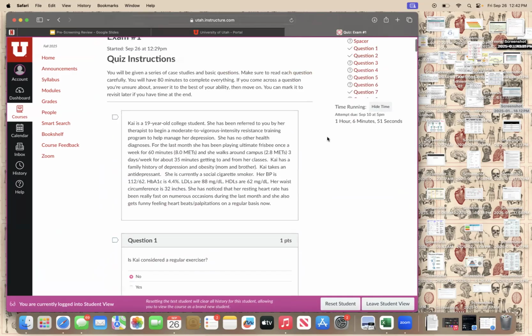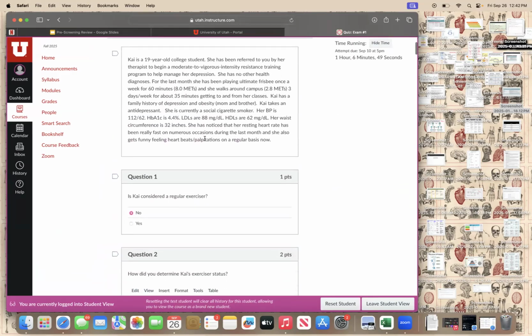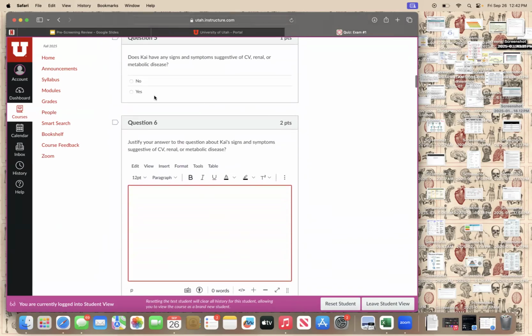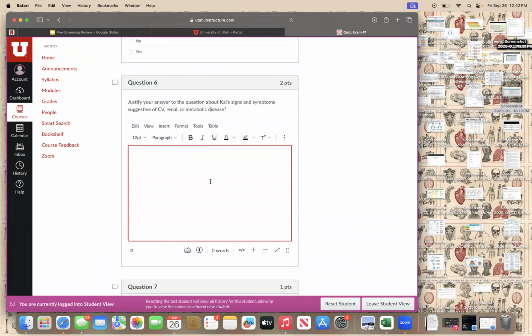So we'll go back up to her description here. Yeah, it looks like at the bottom here, she has noticed that her resting heart rate has been really fast on numerous occasions during the last month. And she also gets a funny feeling, funny heart palpitations on a regular basis. So we'd go ahead and say yes here, and then we'd list out those signs and symptoms that she has listed.